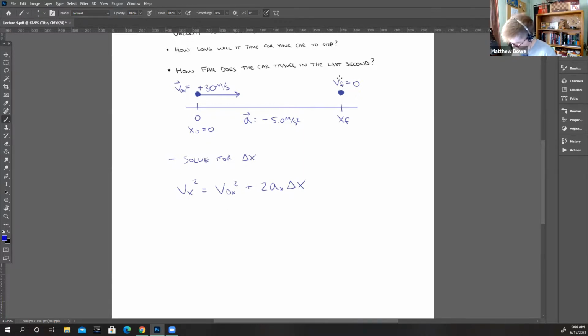So up here we have a final velocity of 0 meters per second. We have an initial velocity of 30 meters per second, squared, plus 2 times this acceleration. We are changing our velocity. It's a negative 5 meters per second squared.